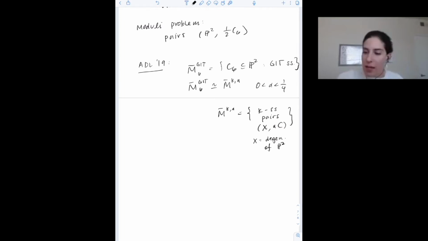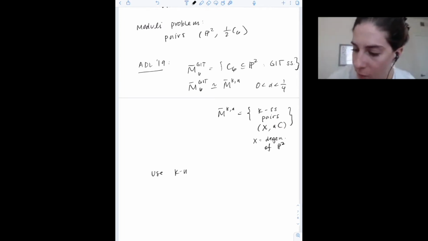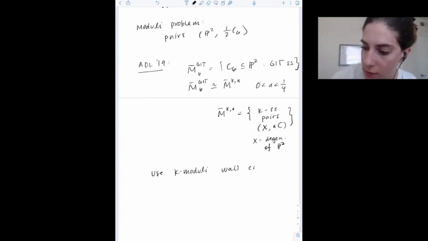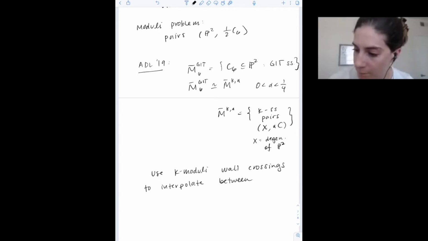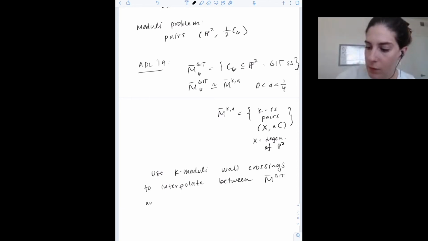And we can use K-moduli wall crossings to interpolate, or at least increase alpha, between the GIT moduli space and the moduli of pairs (P2, 1/2 C).